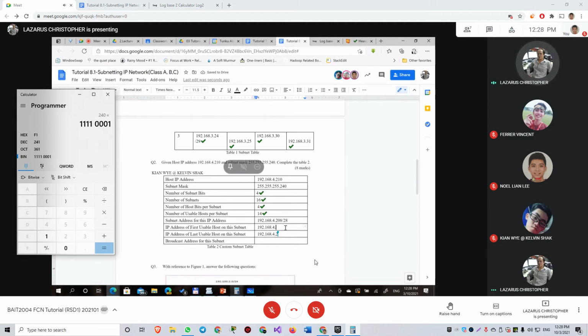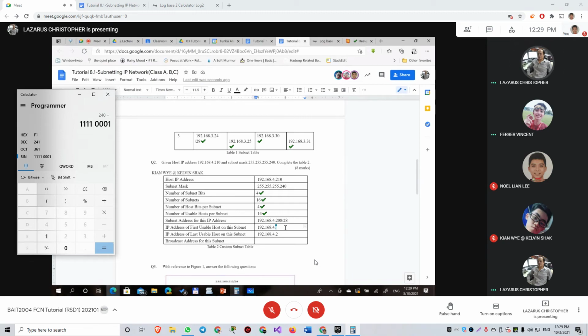So what is the next address after the subnet address? That is your first usable. If the subnet address is 208, the next address will be 209. Yes. So that's your first usable.